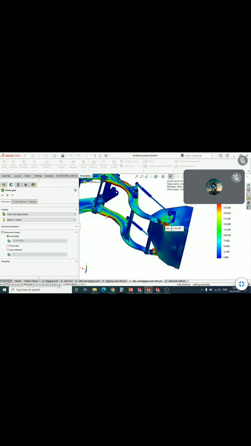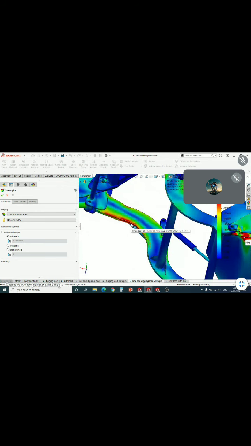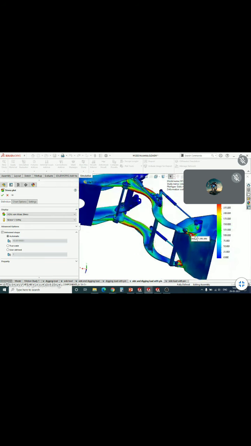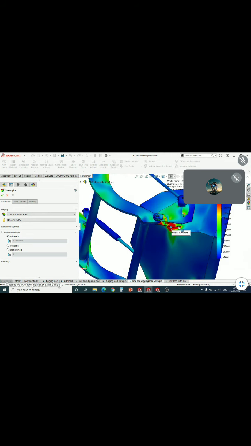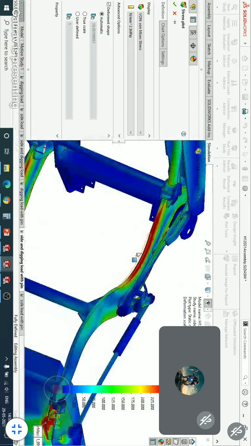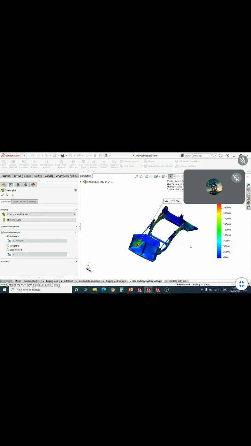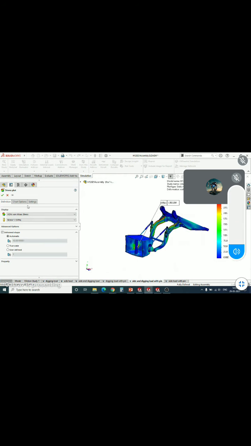And yes, even these arms are having more stress, right? So we will come to know which parts to focus on, right? By changing the design of this bracket, by increasing the thickness, changing the material, right? Or by changing the thickness of this arm, right? It will help us to prevent the failure in any worst loading situation.